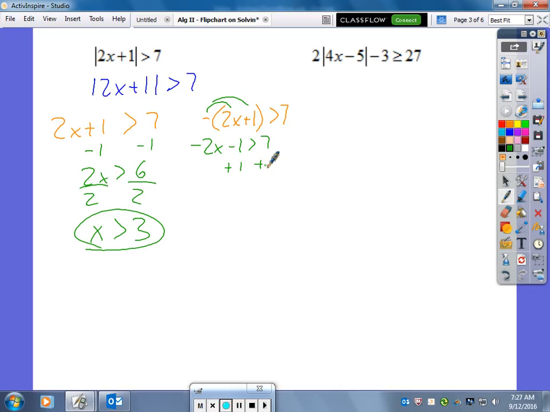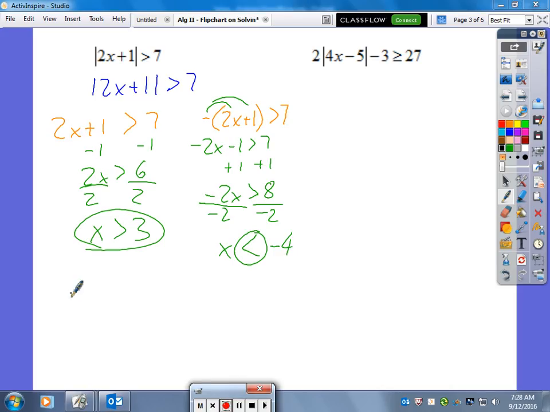Add 1. Negative 2x is greater than, did I say less than before? Greater than 8. Divide by negative 2. X, and now we switch the inequality symbol again, is less than negative 4.